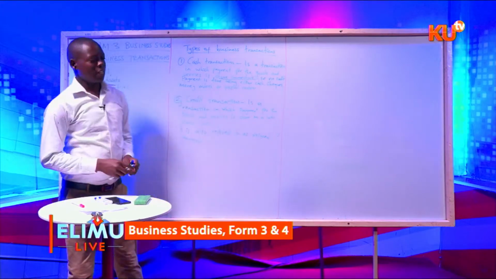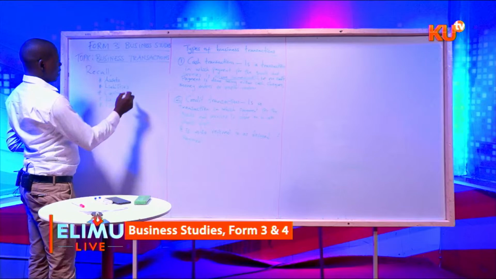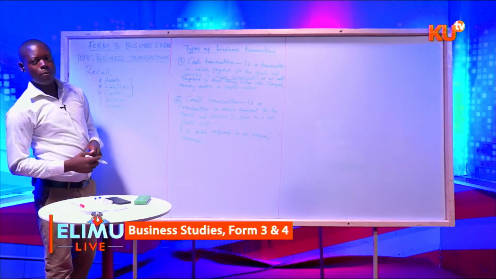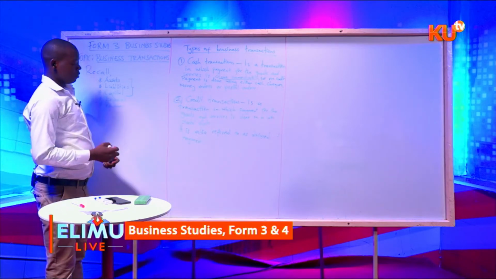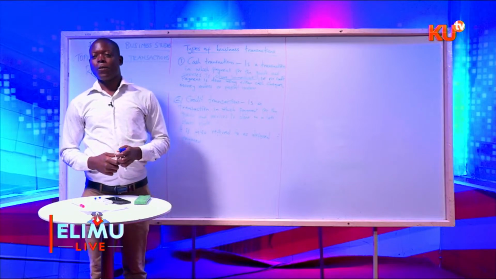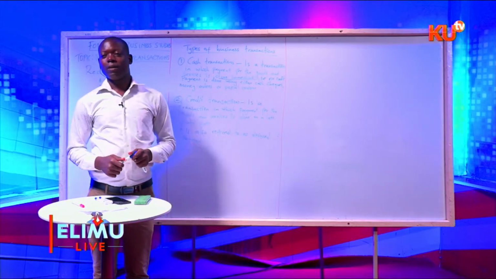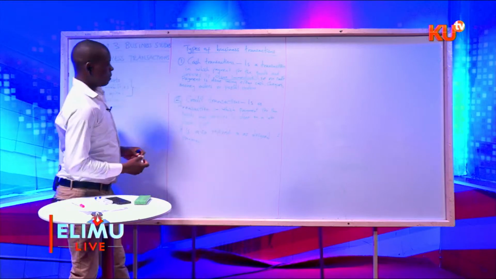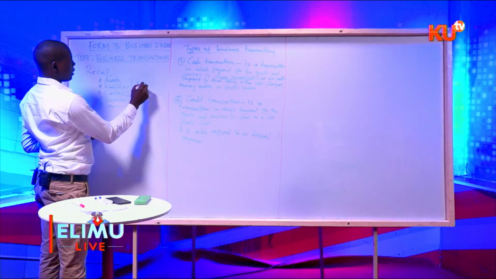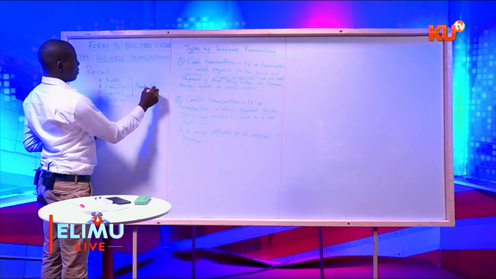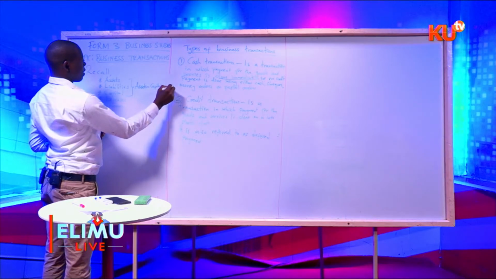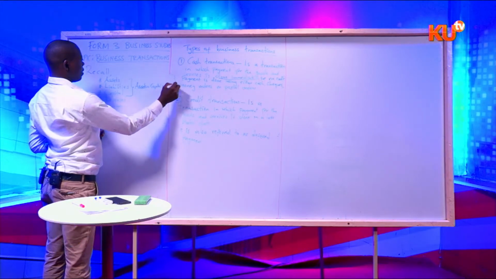When we are discussing these terms again, the first 3 terms were connected by what we call the bookkeeping equation. So students, what is the bookkeeping equation? Yes, the bookkeeping equation simply provides that assets equal capital plus liabilities.